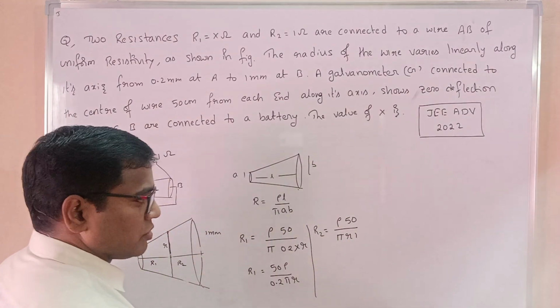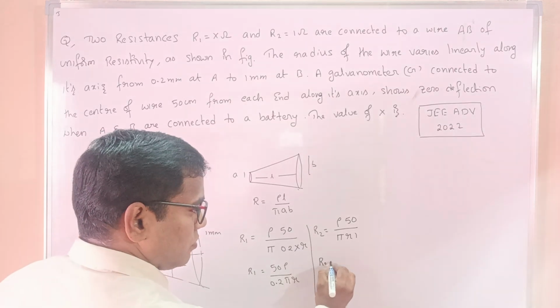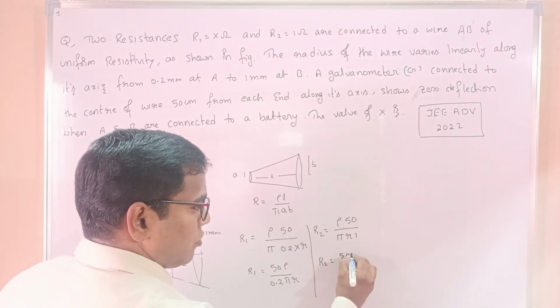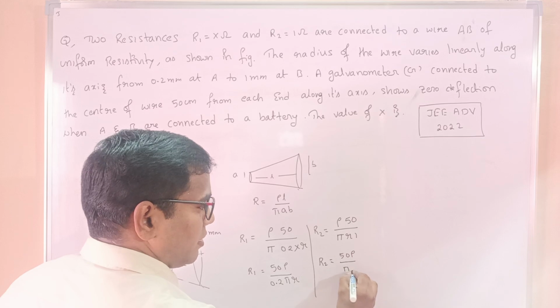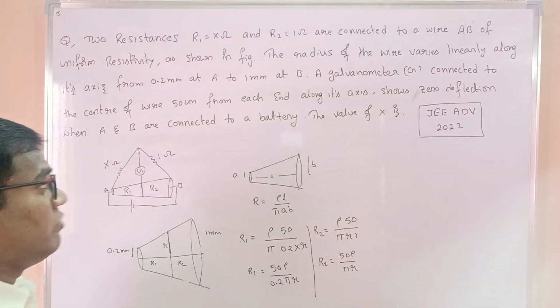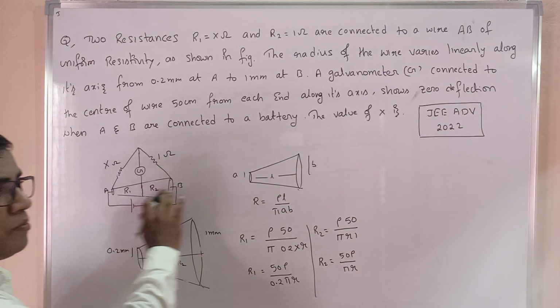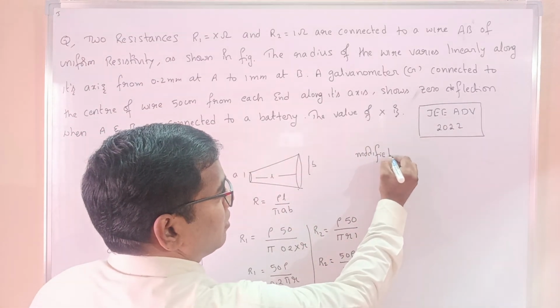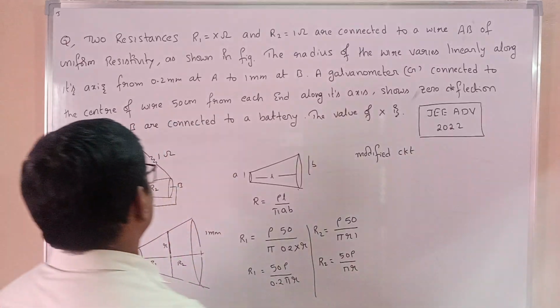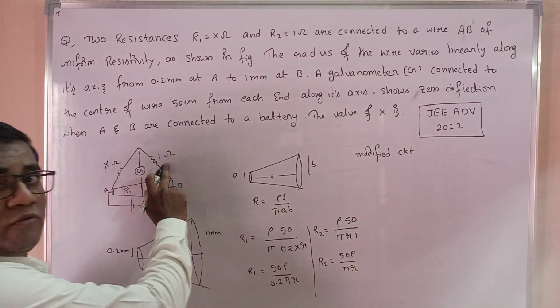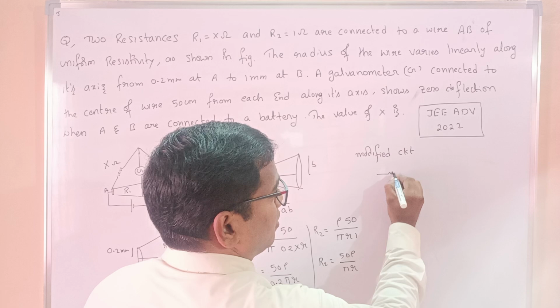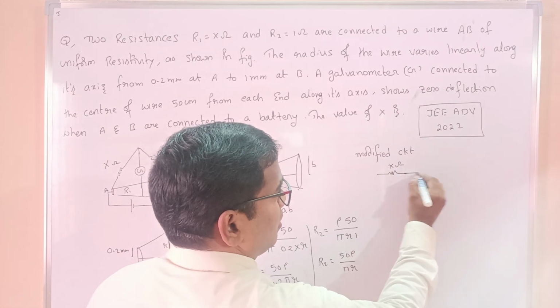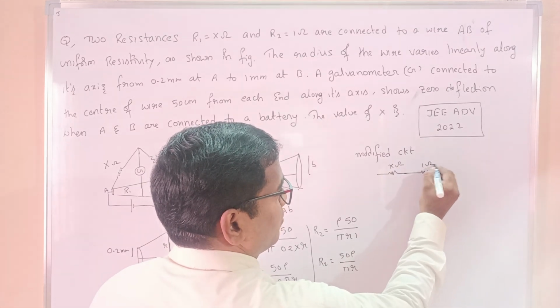So R2 is equal to 50 rho by pi R. Now the modified circuit has X ohm and 1 ohm, along with R1 and R2.